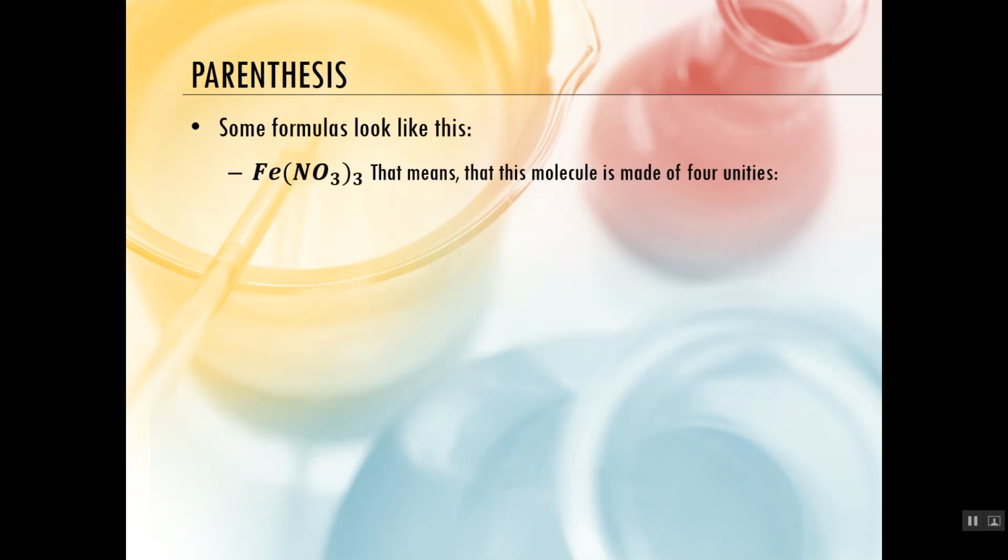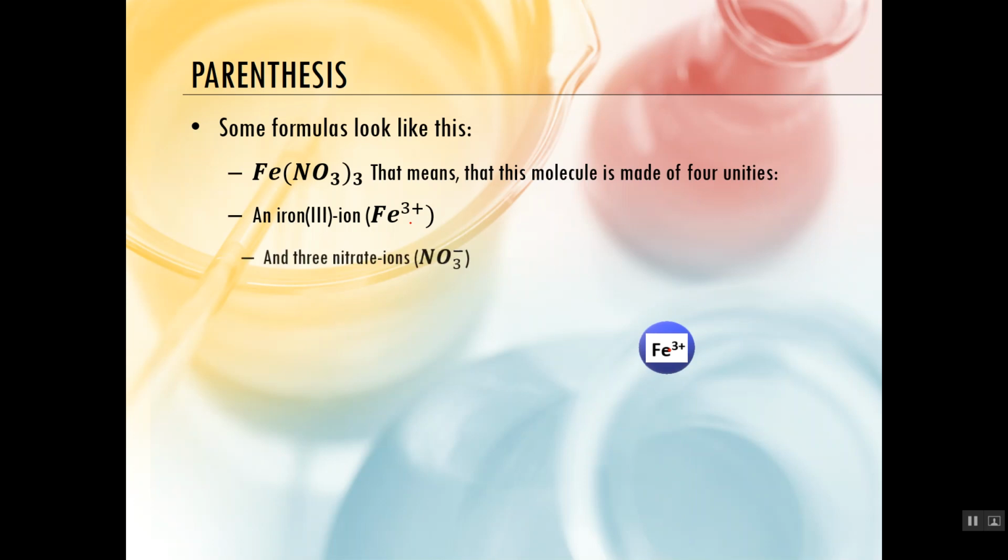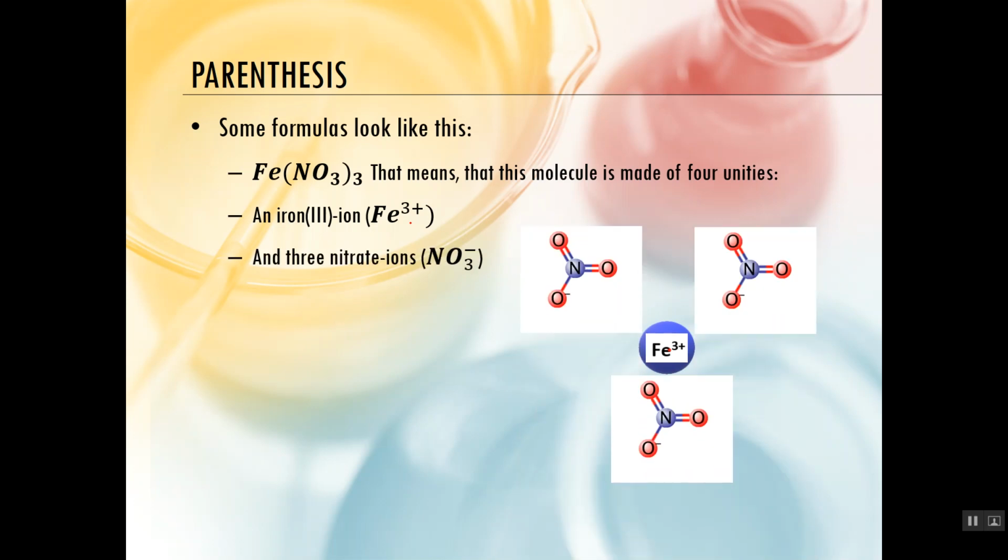Sometimes a formula looks like this. You see there is a parenthesis with a formula and then a close parenthesis and an additional number. That means that this molecule is made by a piece of iron, that would be an iron 3 plus ion, and three pieces which are three nitrate ions.